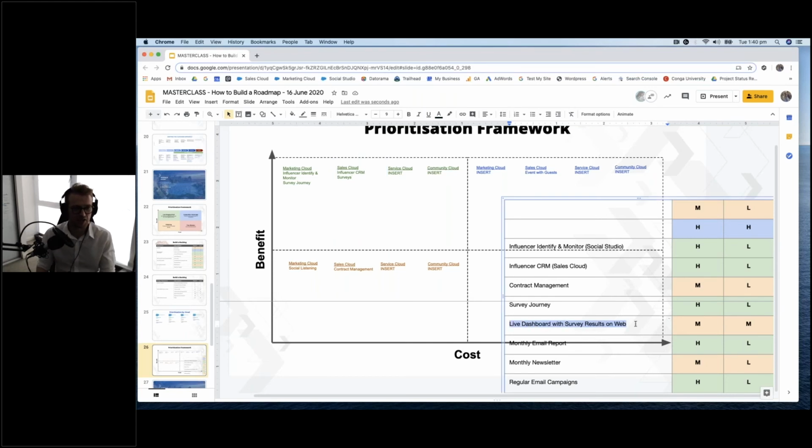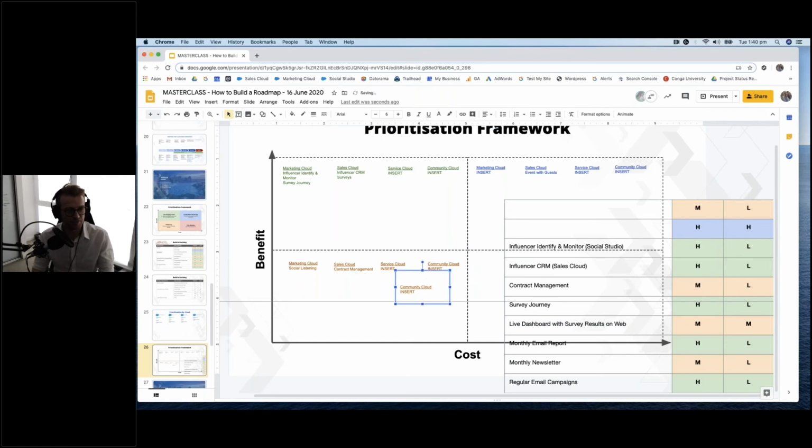Okay, next is live dashboard with results. So this is probably a live dashboard, and this is me putting my solution hat on, but you can kind of do this with a few tools. So it may be that there's a Tableau play, or maybe there's a Datorama play, but possibly Tableau if it's a public-facing data set, possibly.